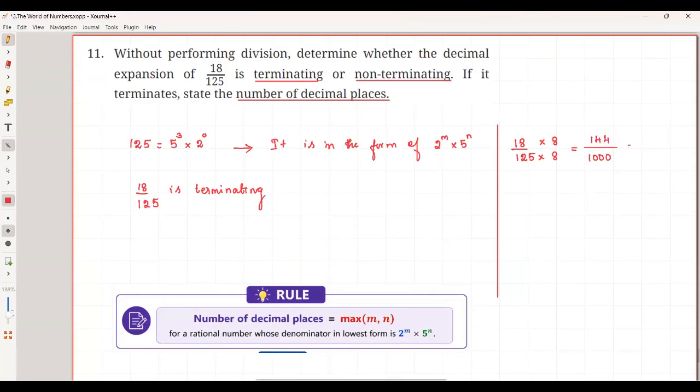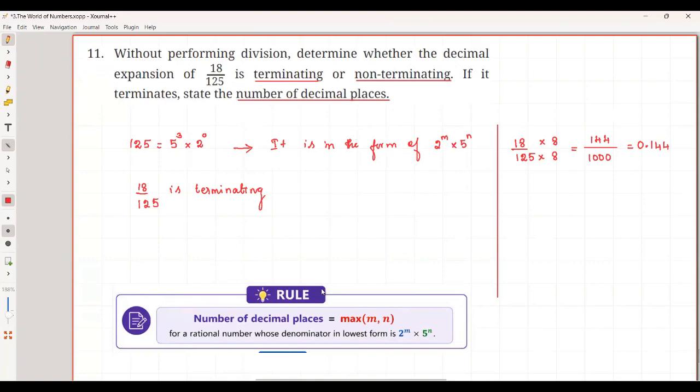Now I have to keep the decimal point before 3 places: 0.144. So after the decimal point, I have 3 decimal places. So the number of decimal places is 3. This is by doing the calculation.